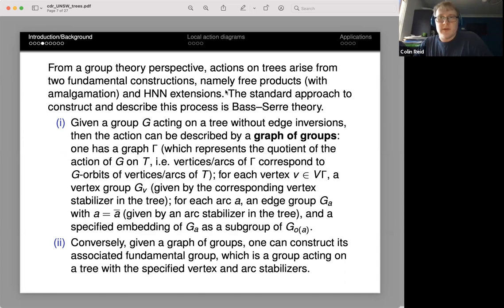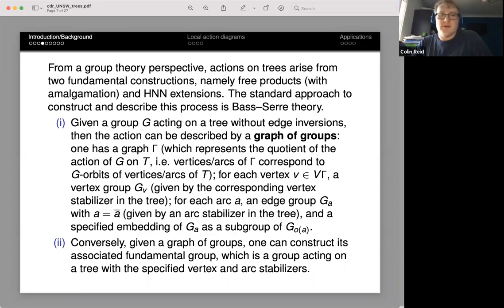It's not going to be important for the rest of the talk, but these are basically some of the most basic ingredients for producing new groups by sticking groups together. The standard approach to construct and describe this process is called Serre theory. So I'll just give a very brief idea of what Serre theory does.